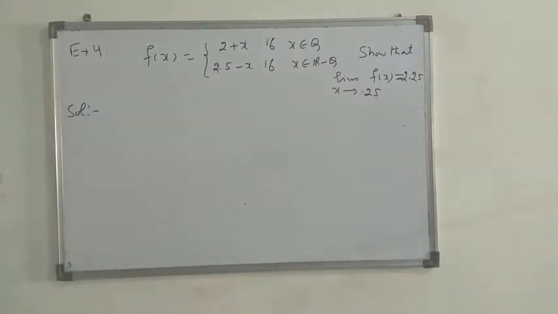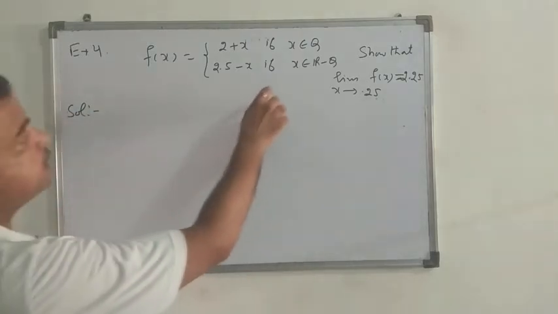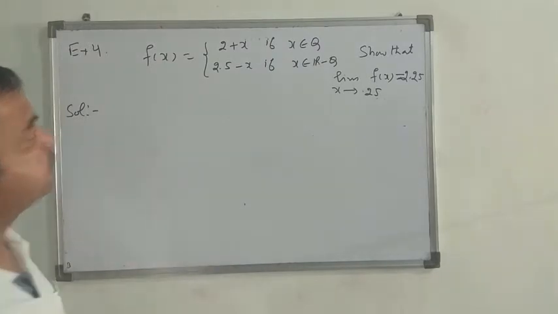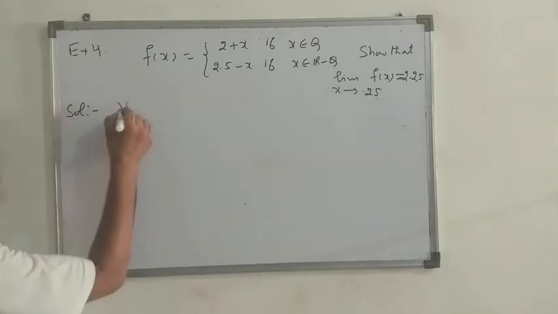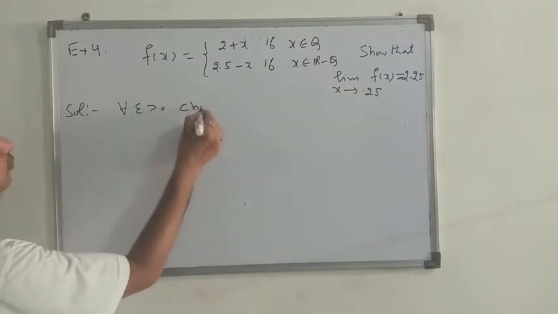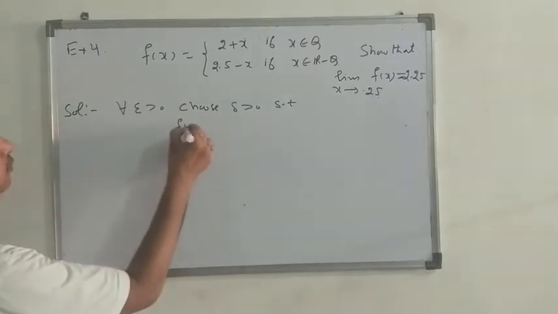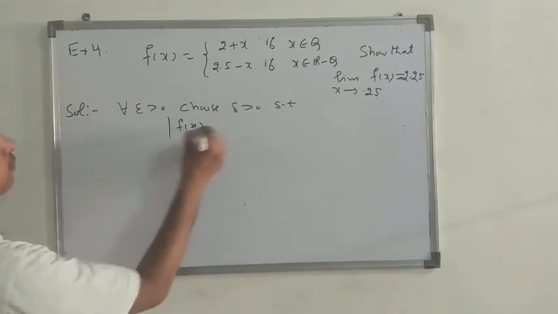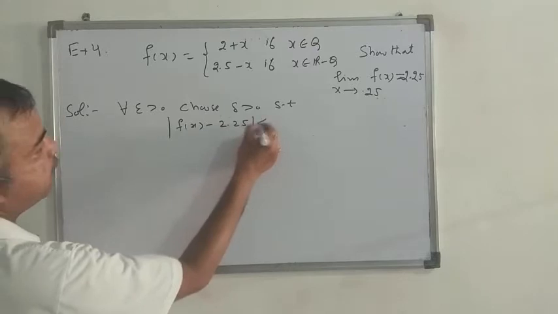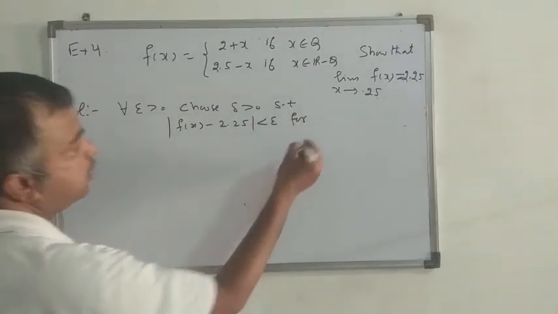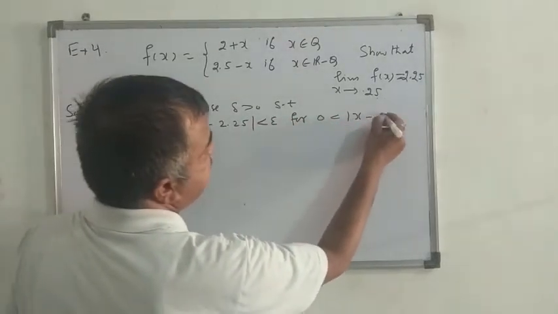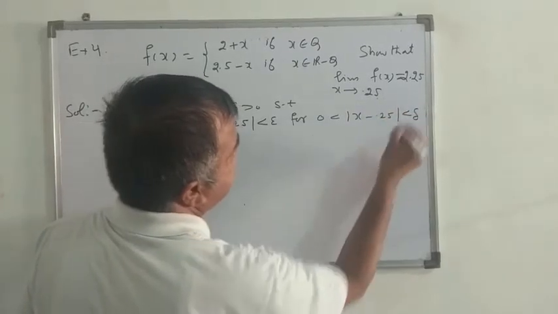So these types of questions are of a bridging type. That is, for rational numbers the value of f(x) is different, and the value of f(x) when x is irrational is different. So for all epsilon positive, choose delta positive such that |f(x) − 2.25| is less than epsilon for 0 < |x − 0.25| < delta.